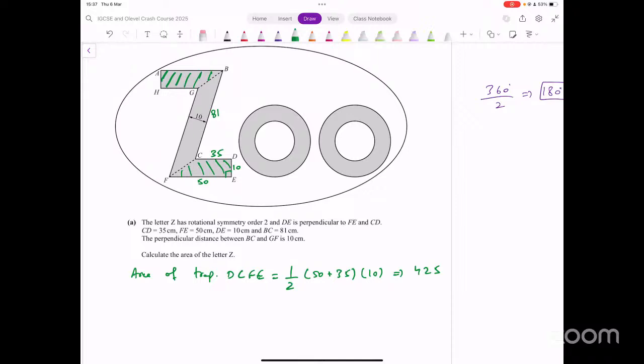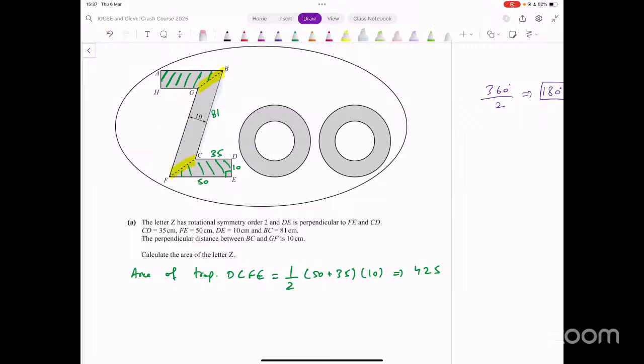So we have these two trapeziums' areas. What we're left with is the area of this figure. Now, what exactly is this figure? This is actually a parallelogram. How do we know that? Because of the rotational symmetry again. When you rotate this figure, this line is going to map exactly onto this line.